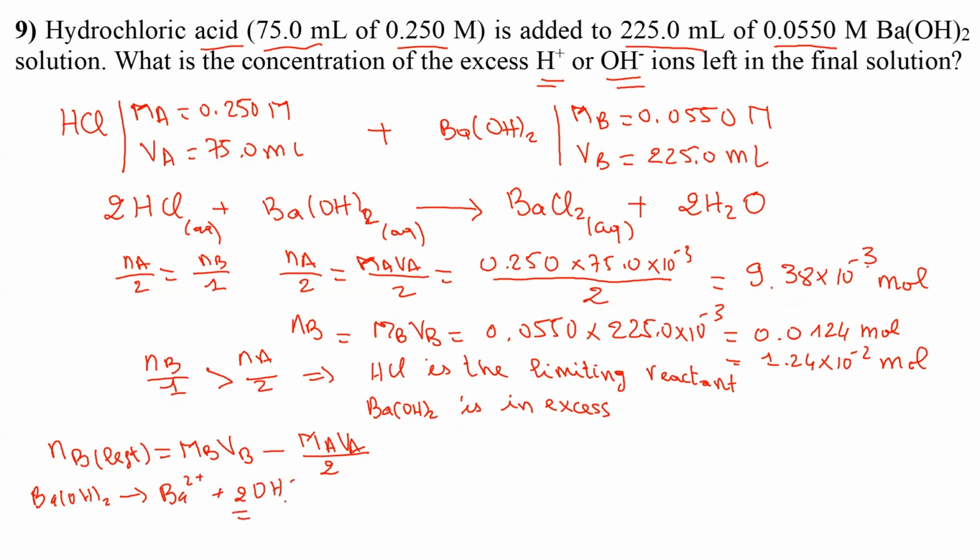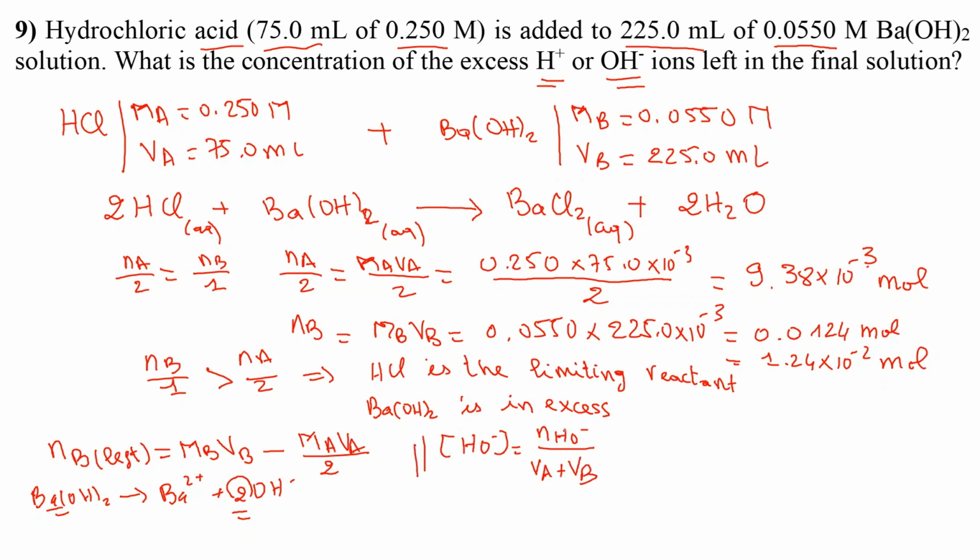What I mean is from the concentration of the leftover barium hydroxide to get the concentration of hydroxide ion that are left, I need this factor 2. Because I know that the concentration of OH minus will be equal to the number of mole of OH minus divided by the total volume of the solution, V total. So VA plus VB. Okay, this will be the concentration.